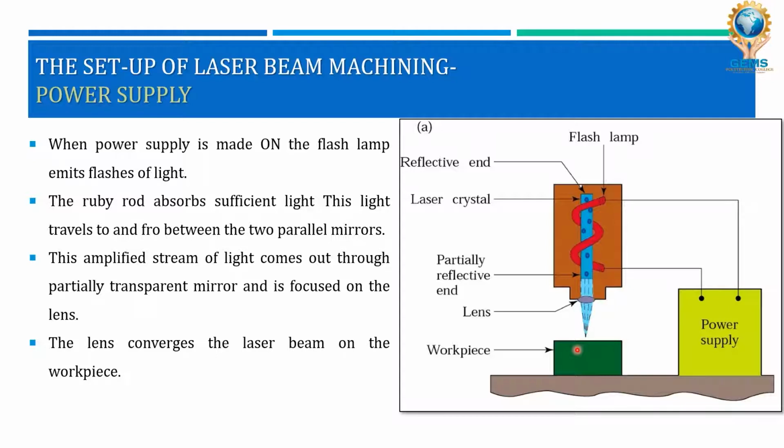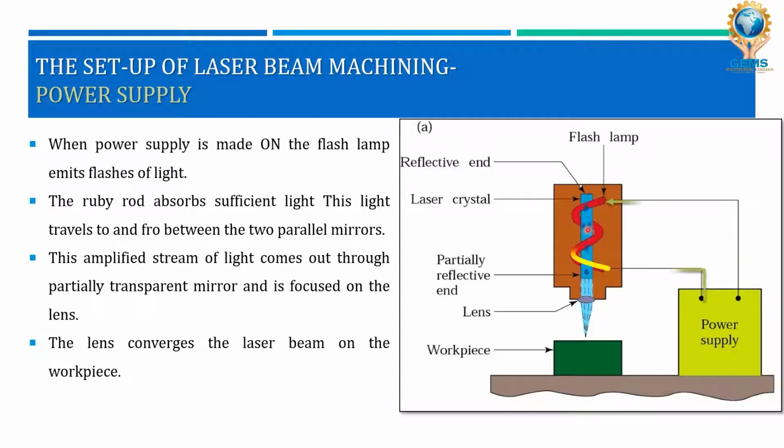You can see how this is working in this animation. When the power supply is on, the flash lamp switches on, and because the flash lamp light is incident on the ruby rod, it induces the atoms to move to the higher energy level, so the electrons move from a lower energy to a higher energy level, and thereby emit photons.